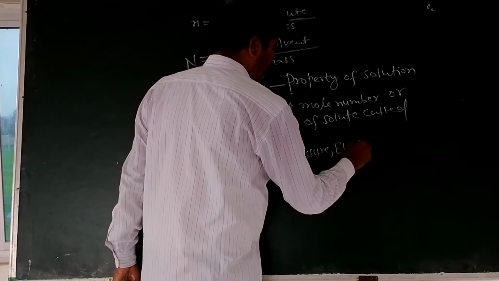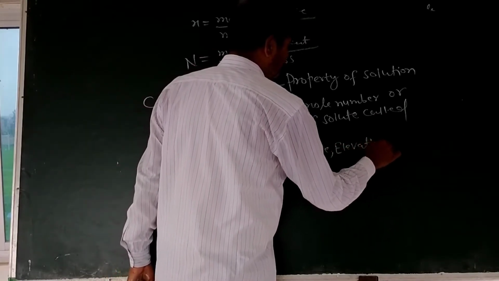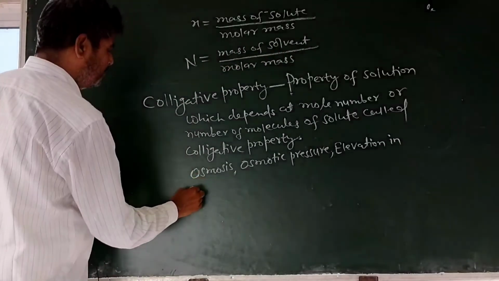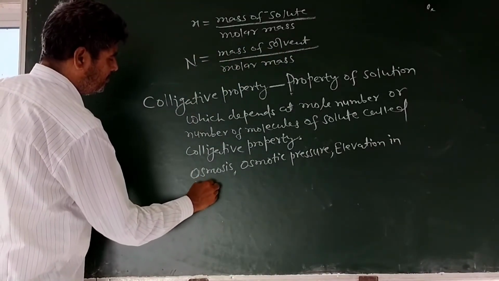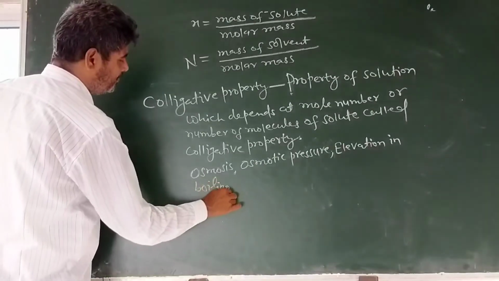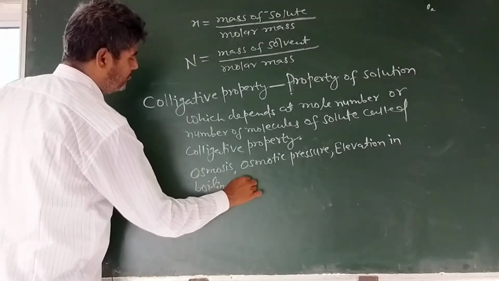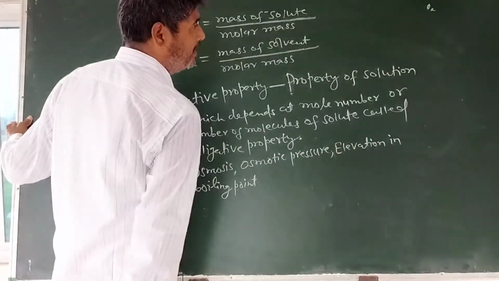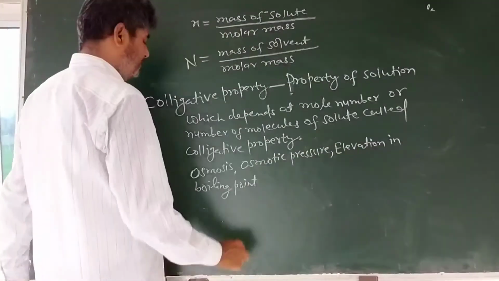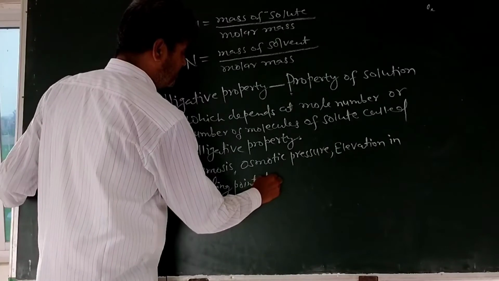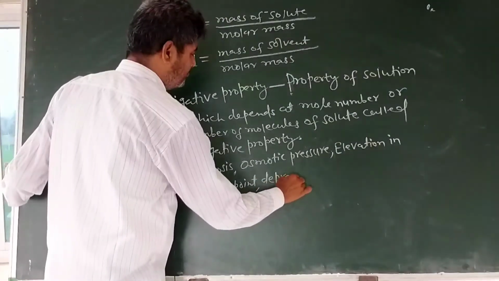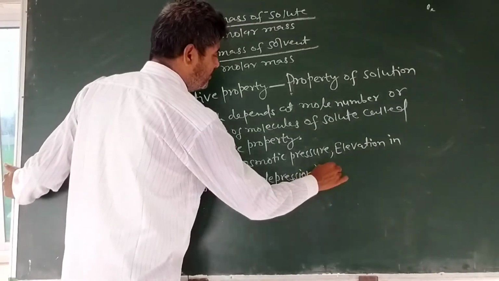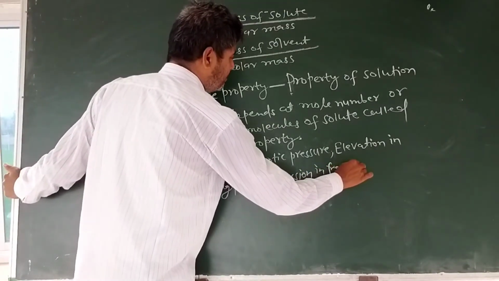Elevation in boiling point. Elevation means increment in boiling point. Depression means decrement in freezing point.